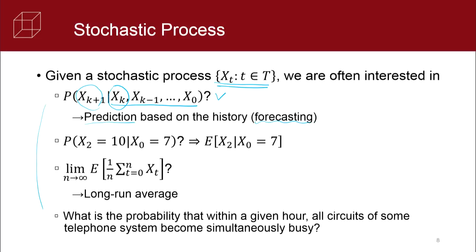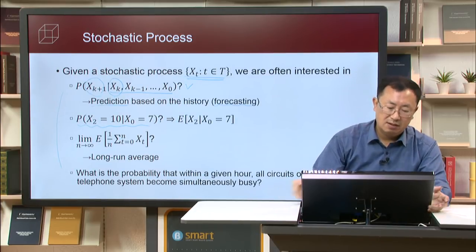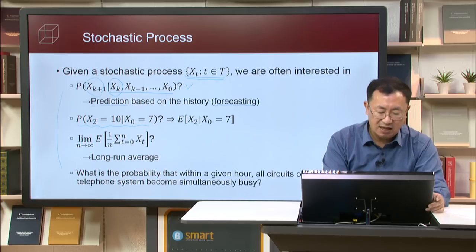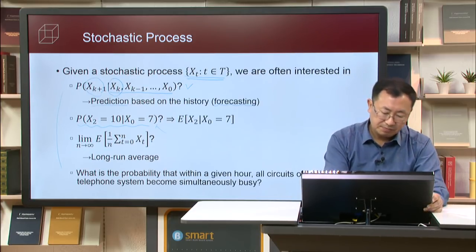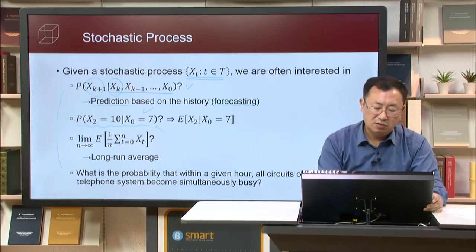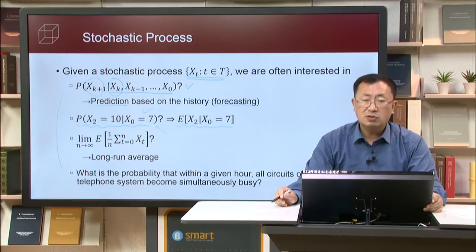Or you can calculate this conditional probability as well. That means, for example, the initial state is 7. What's the probability that the state of the system will be 10 after 2 time periods? By using this conditional probability, you can answer those questions. If you can calculate this conditional probability, you can also calculate the expectation, right?